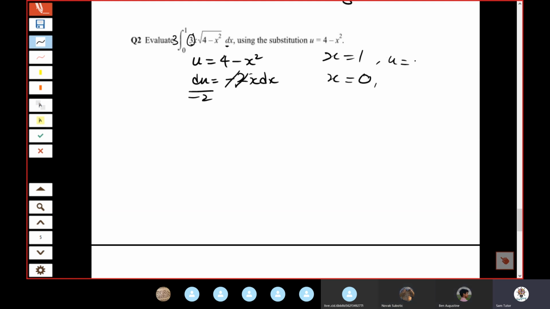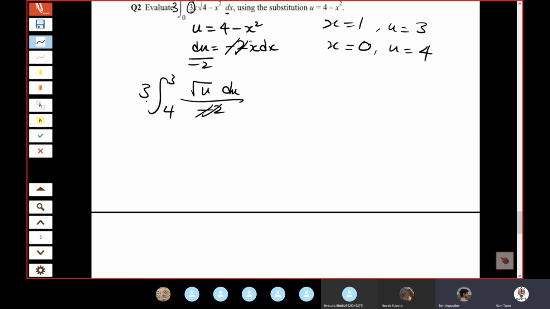x equals 1, u equals 3. When x equals 0, u equals 4. 3 on the outside, that becomes 3 and 4. x dx becomes du on negative 2. Write du at the end, put the negative 2 at the bottom, square root of u. Take the negative 2 out.